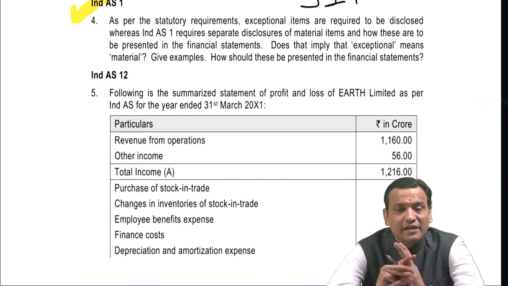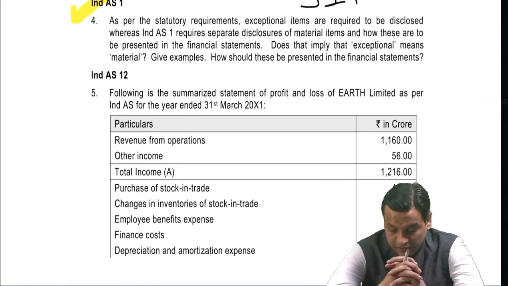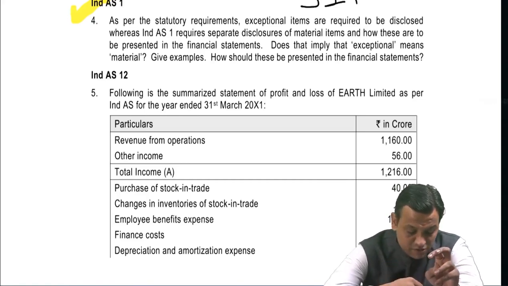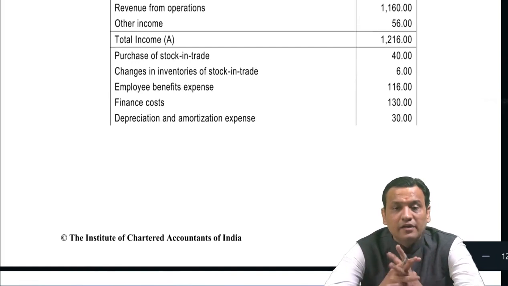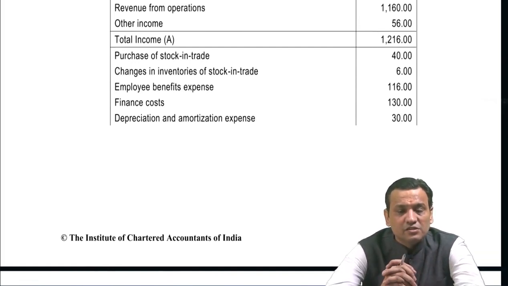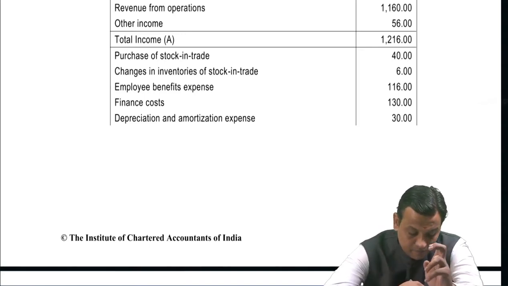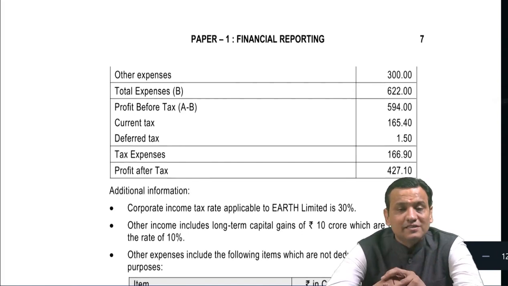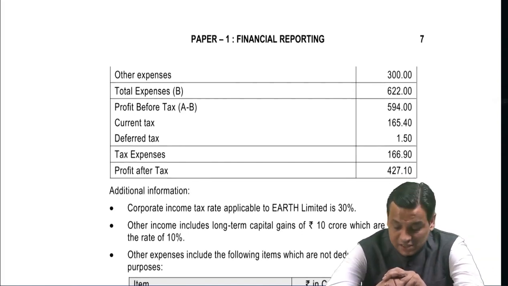Following is the summarized P&L of Earth Limited as per Ind AS. Revenue from operations 1160, other income 56, so total income is 1216. Purchases of stock in trade 40, changes in inventories of stock in trade 6, employee benefit expenses 116, finance cost 130, depreciation and amortization expense 30, other expenses 300, total expenses 622.